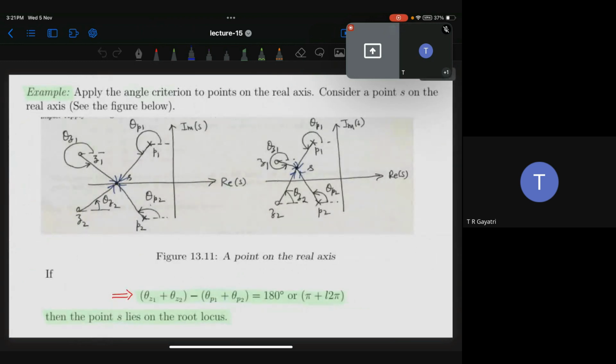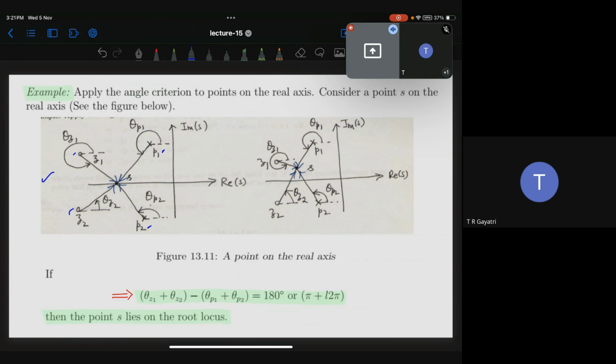Now here you see this is the example pictorially. We took two cases. How many poles does this image have? One pole, second pole, and zeros: one zero, second zero, correct? Two zeros and two poles, am I correct? Yes, sir, two poles and two zeros.